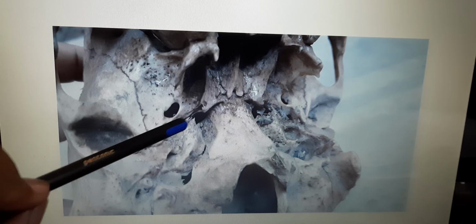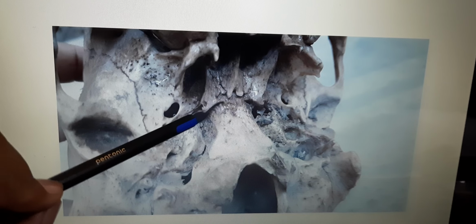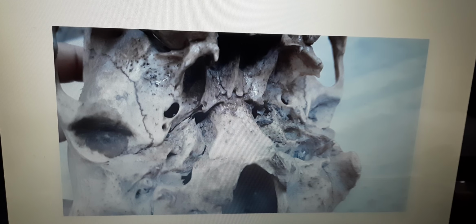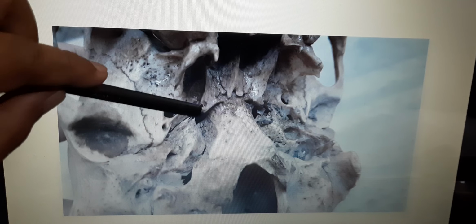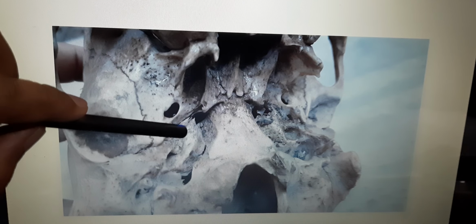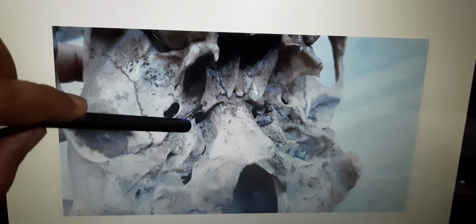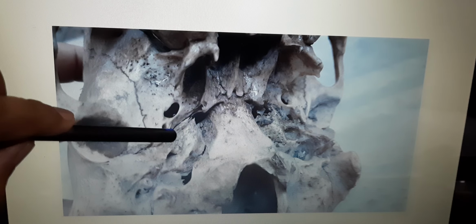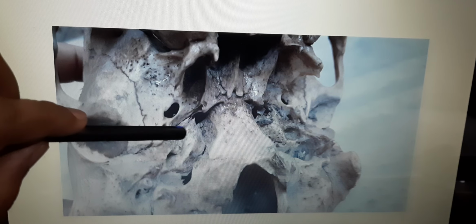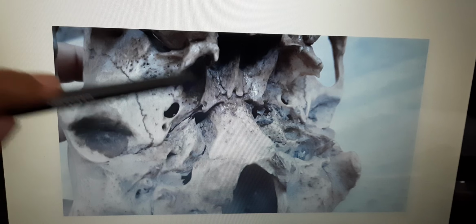This sulcus is known as sulcus tubae. The cartilaginous part of the auditory tube or eustachian tube lies in this sulcus, so it is known as sulcus tubae. This is a very important point. You have to remember this.